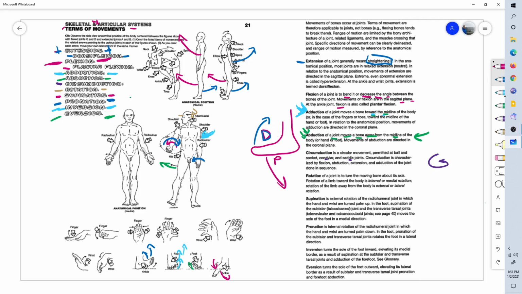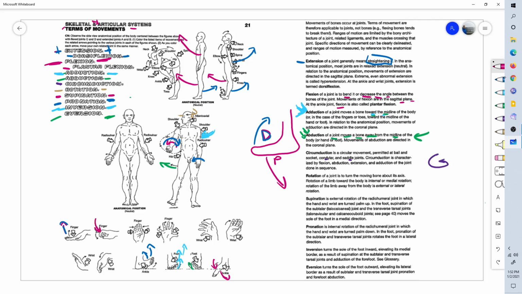So what do you think this is in the fingers when you bring the fingers out like that? That's extension. When you go to grasp an object, hold a ball or a cup, you flex your fingers. That's finger flexion.